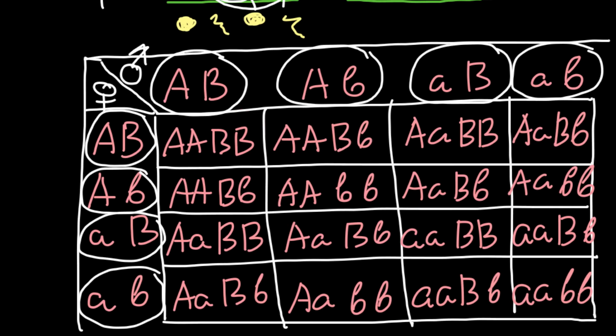So what phenotype would we see here? The phenotype of this parent would be green.